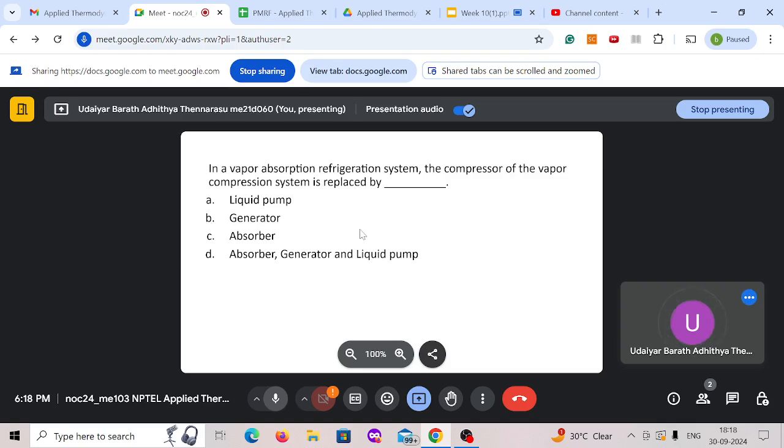This is just the comparison which we saw between the VCRS and the VARS system. The compressor is replaced by an absorber, generator and liquid pump as well as a valve. So the answer is option D.